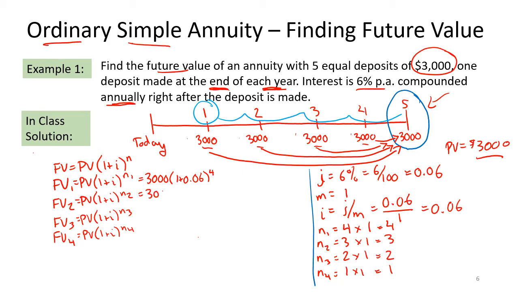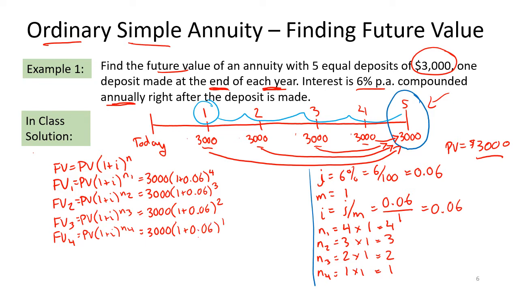For the second deposit, 3,000 times 1 plus 0.06 to the exponent 3. For the third deposit, it's 3,000 times 1 plus 0.06 to the exponent 2. And for the fourth deposit, it's 3,000 times 1 plus 0.06 to the exponent 1.